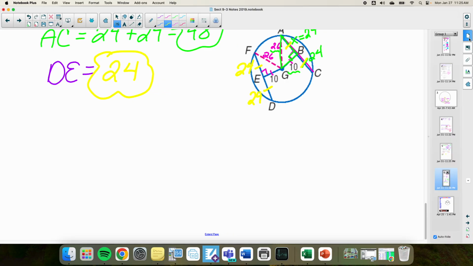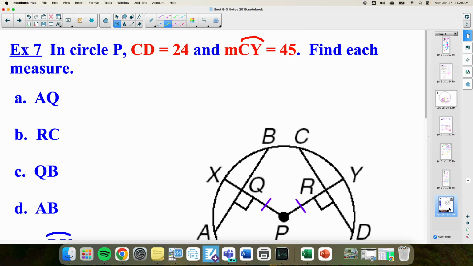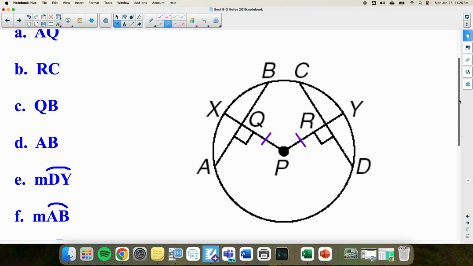Then, if we look at our last question, I can explain this on this one. So, if you have two chords that are the same distance from the center, what that would tell us is these four pieces are actually equal, and this arc XB would be equal to XA, which would be equal to CY, which would be equal to YD.